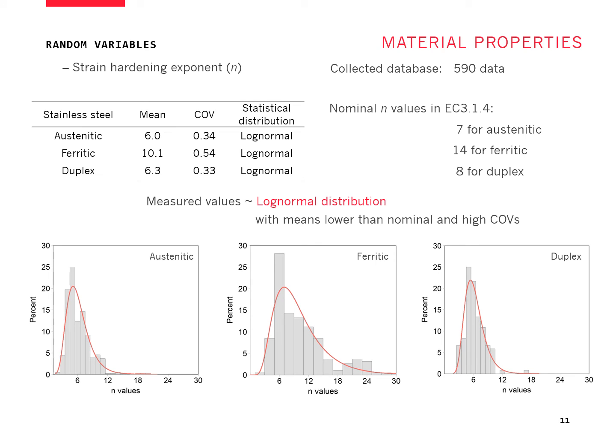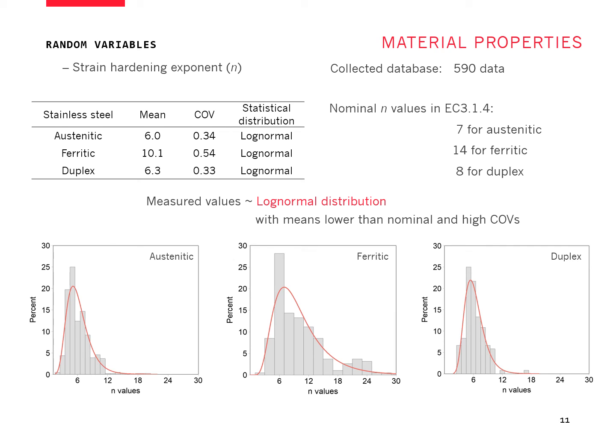On the other hand, the first strain hardening exponent n was found to follow a log normal distribution for the three stainless steel families analyzed. The mean values were also found to be slightly lower than the nominal values given in the Eurocode, and with quite high coefficients of variation.